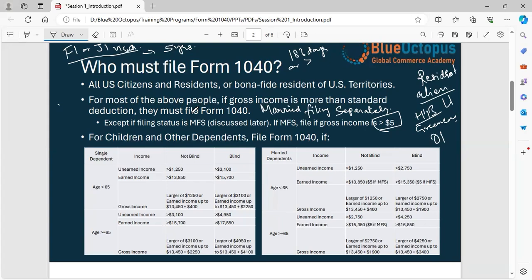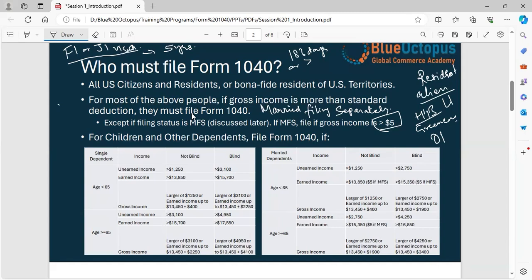Then there might be a situation where these US residents have children or other dependents on whom they are taking the credit. Those children and other dependents may have to file their own separate Form 1040 if certain conditions are met. Let's discuss these in detail.